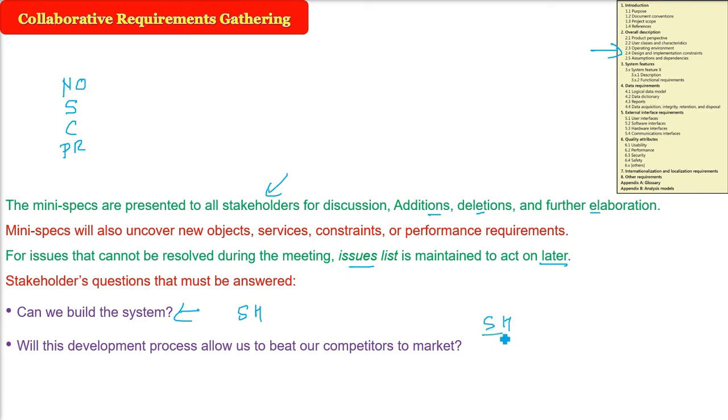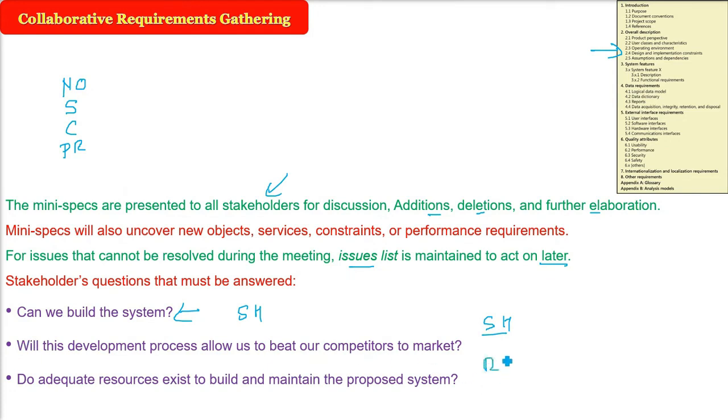Can we beat these competitors? And do you have resources? Can you maintain this system later? These are the stakeholder questions, and you need to answer them properly. And on performance also, they may ask, will the system performance meet the needs of our customers? Because they are making it for the customers. This is all about business.